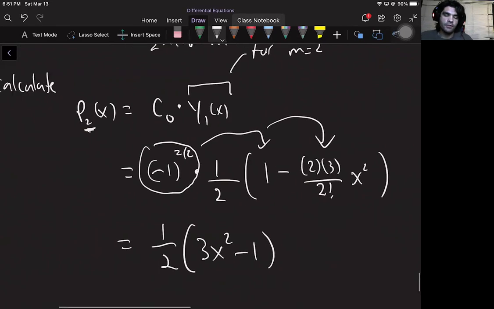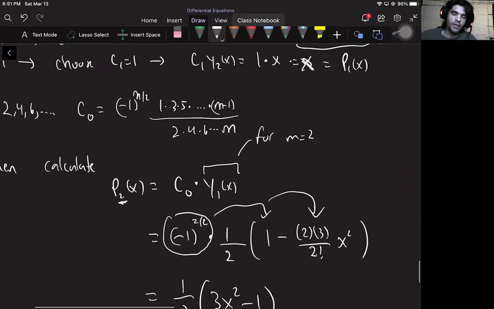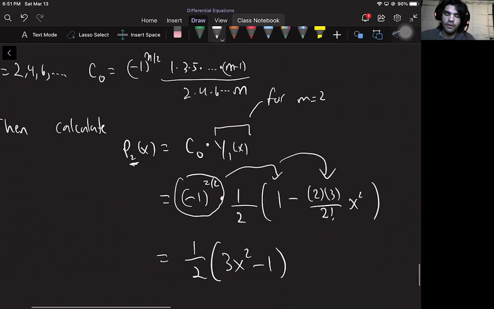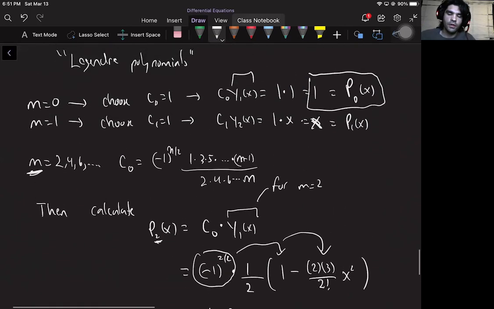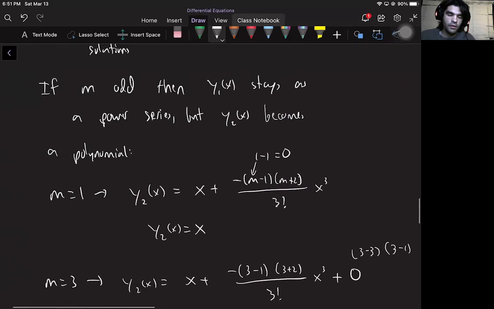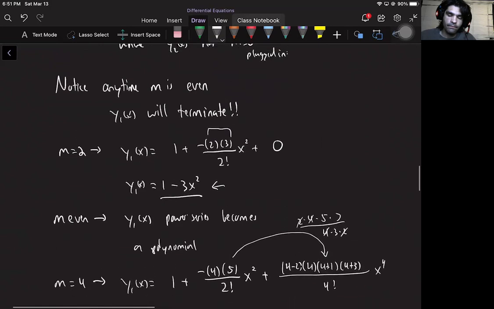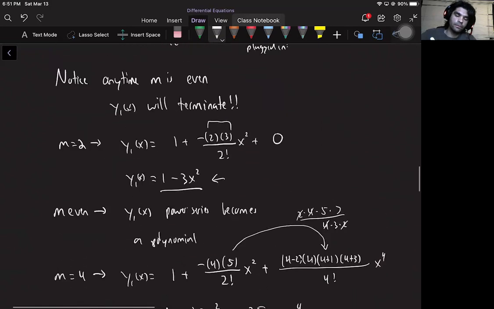And so that is P2 of x. So again, what I'm doing is picking C0 based on this formula. And this polynomial is just what I got way back up here. So you could go back to your notes, and it's right here, y1 of x for m equals 2.